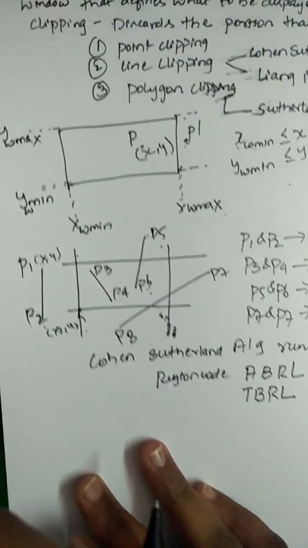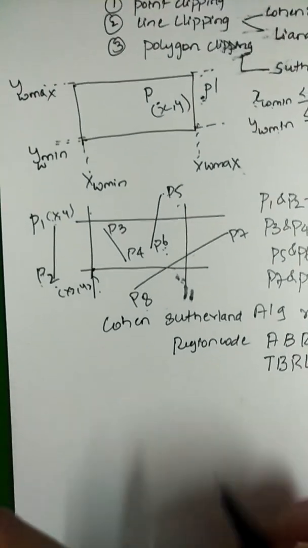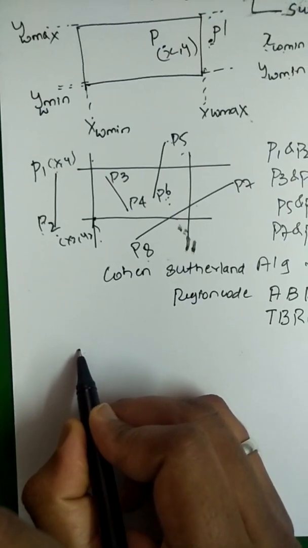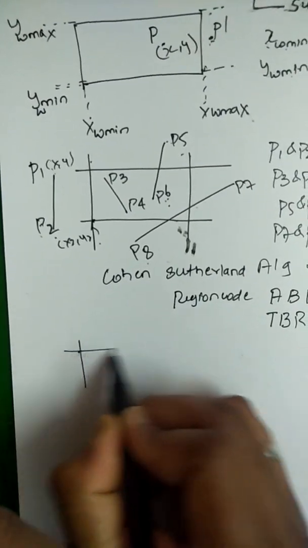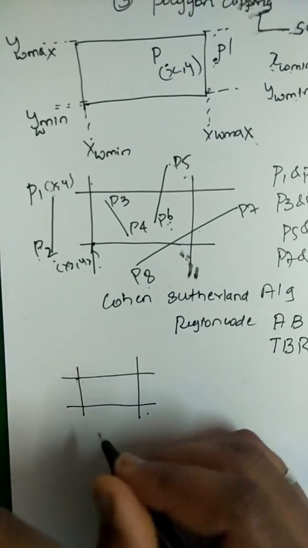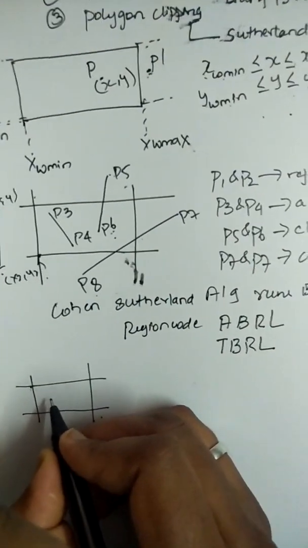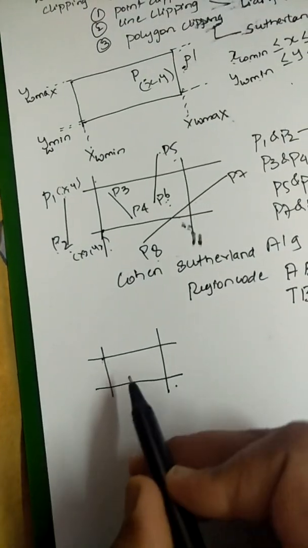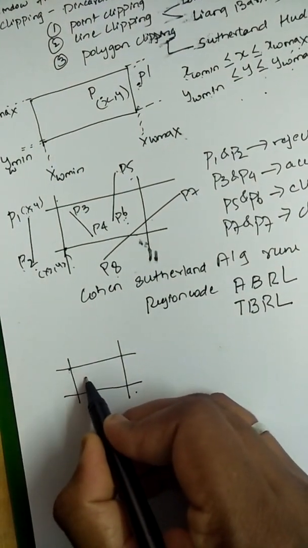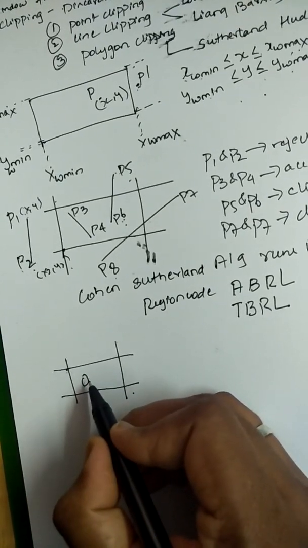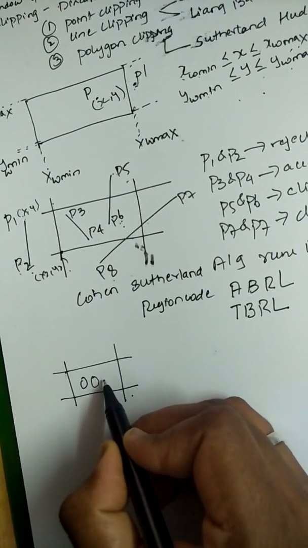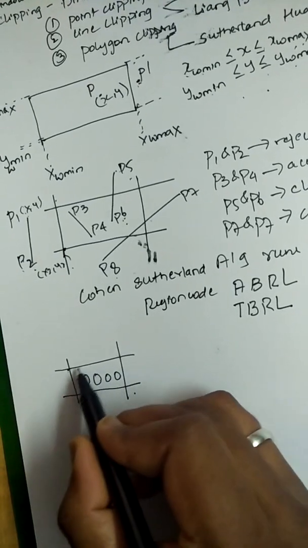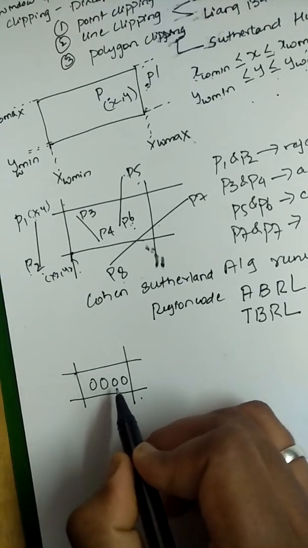How it works: for this region, is it above? No. Below? No. Right, left? 0. So the code for this region is 0 0 0 0.